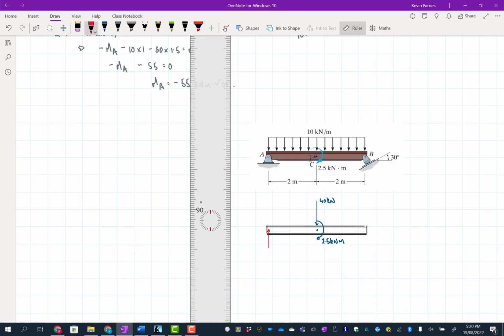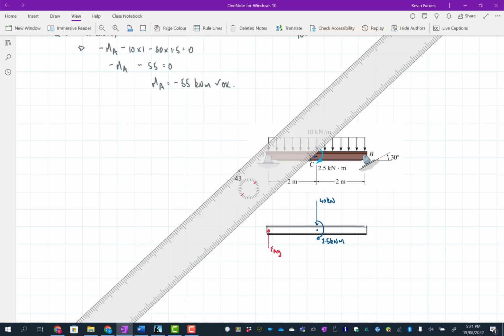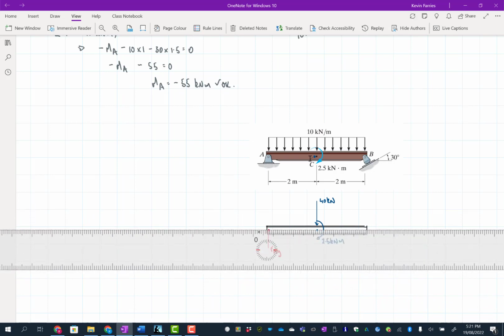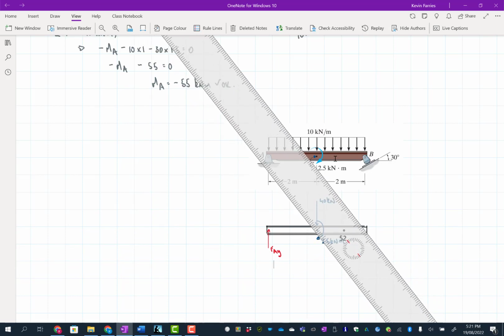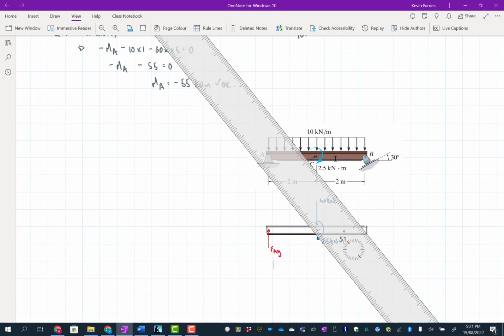So we're going to get FAY here. Let me just check what zoom I'm at here. And FAX. Now I'm just thinking about what direction to do this. I'm just going to draw it in the direction I think it's actually going to be in. So we're going to have a reaction here. It's joined with a pin in the middle, so we'll draw it to the middle.